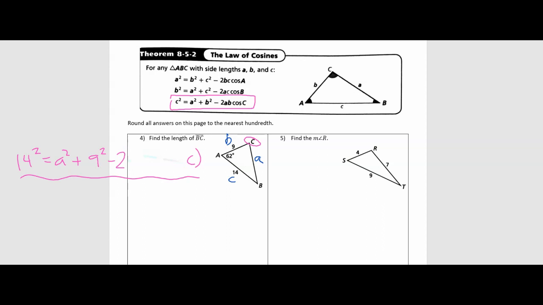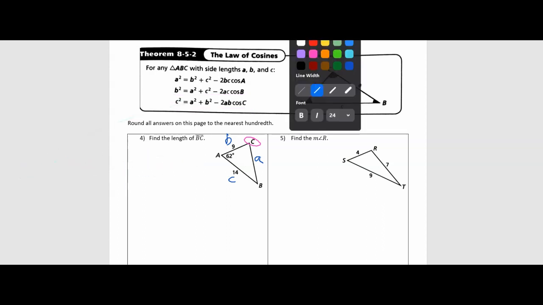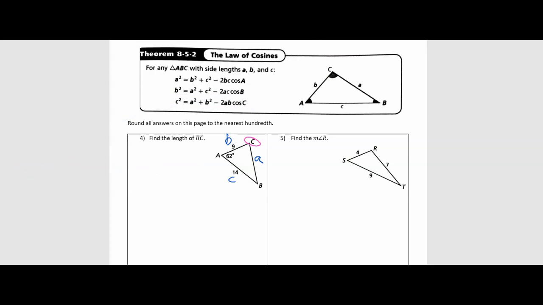But the first equation, let's see what I get when I set that one up. A squared is equal to b squared, which is 9 squared, plus c squared, so 14 squared, minus 2 times little b, which is 9, times little c, which is 14, times cosine of a.